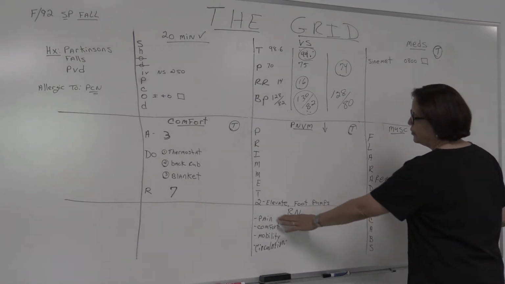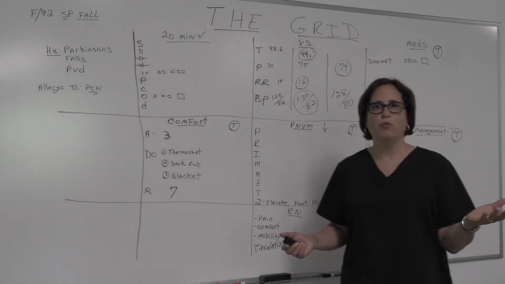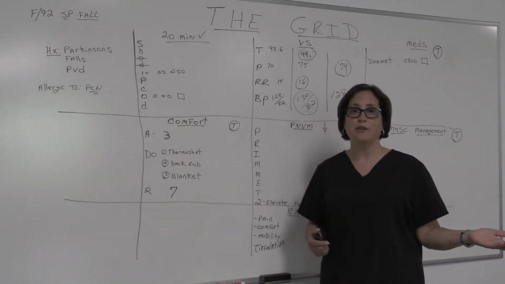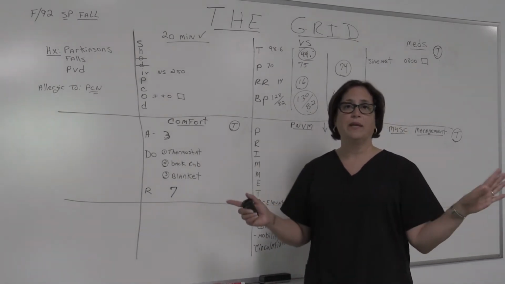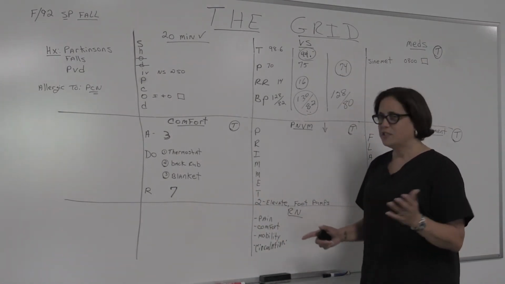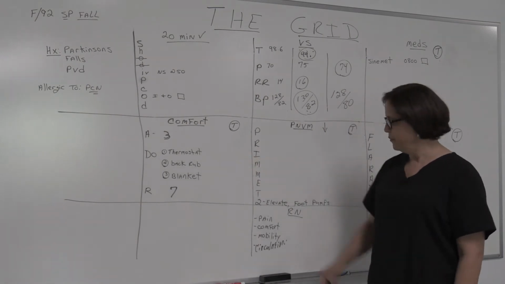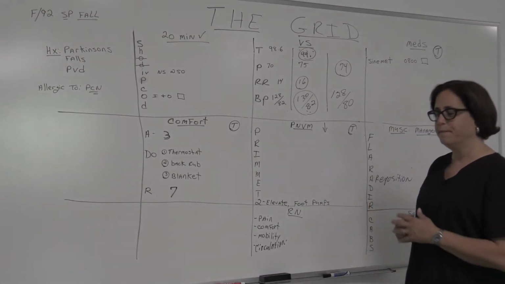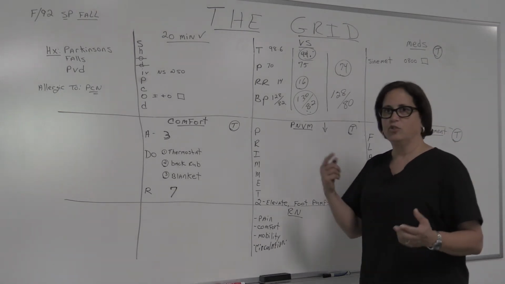So I put here pain. I know that we won't be assigned pain management, but it's good to know if your patient has been complaining of pain. So I would ask about pain with every patient, okay? So I have pain. I'm going to ask about comfort. I'm assigned comfort. I'm going to ask about this patient's mobility status, right? How is she repositioning? Is she strong? Is she weak?